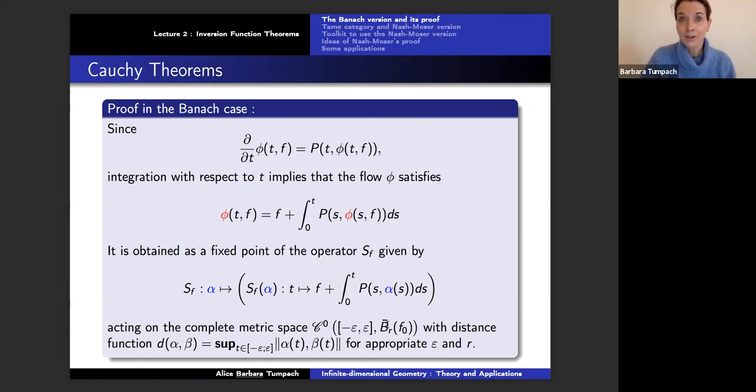And the ball will be the big ball I drew before. There will be a radius that we have to fix.